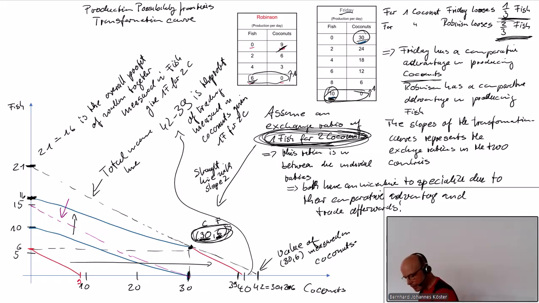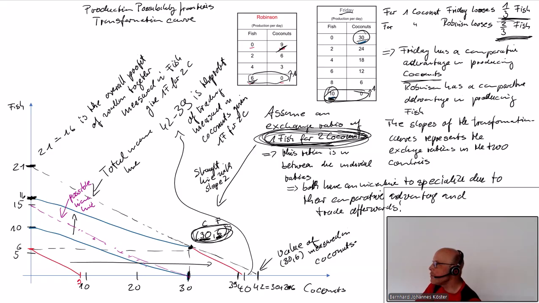This is possible because it is below our production possibility frontier, since every basket lying on this income line is within our production possibilities.